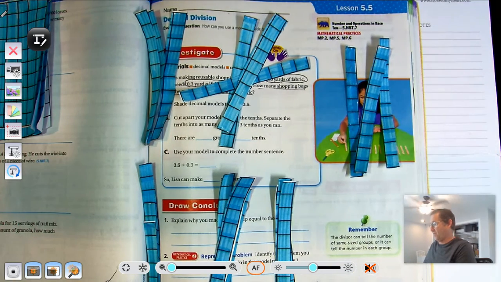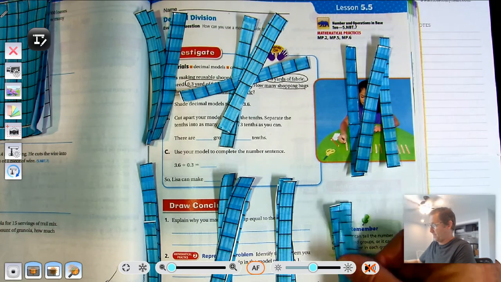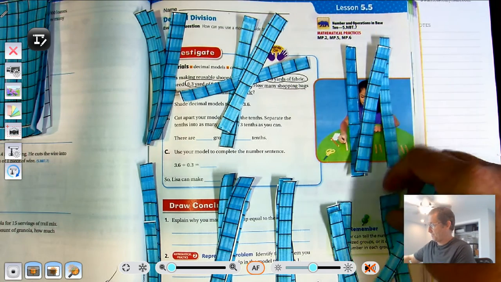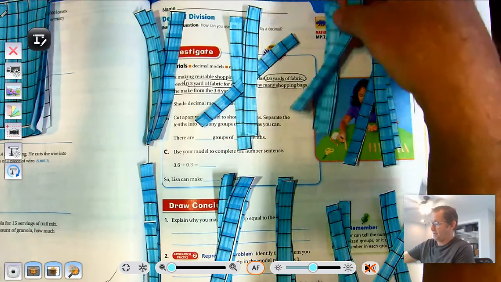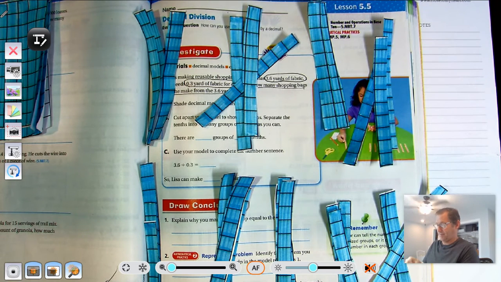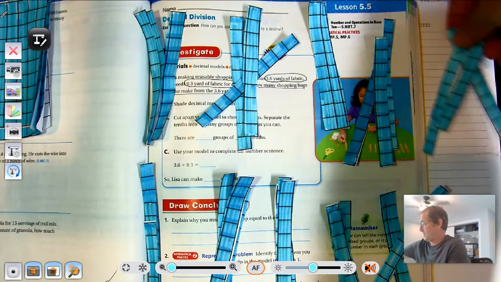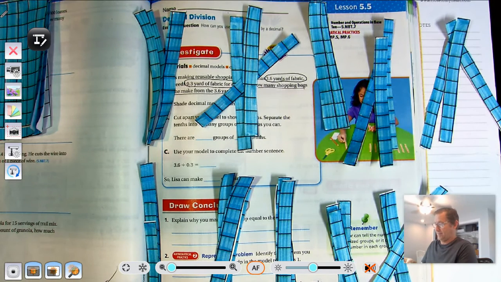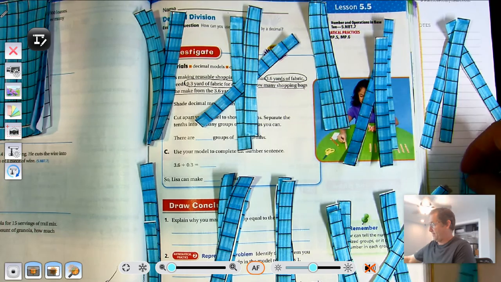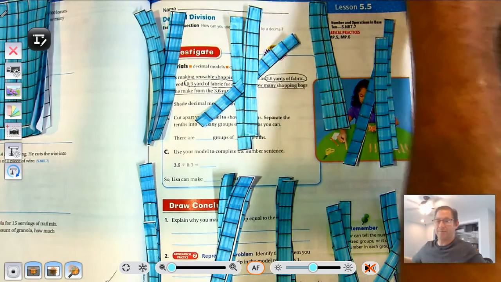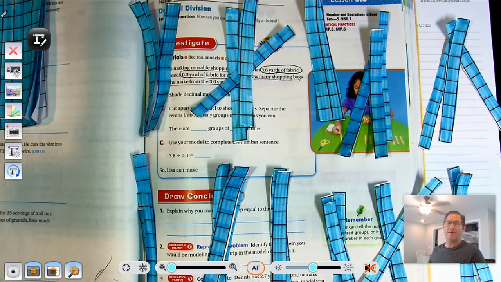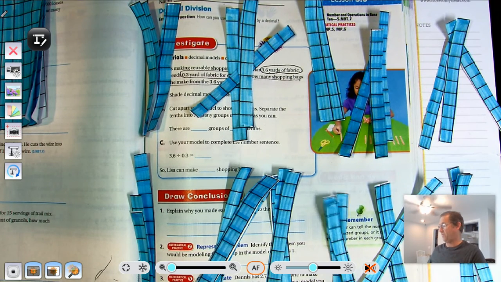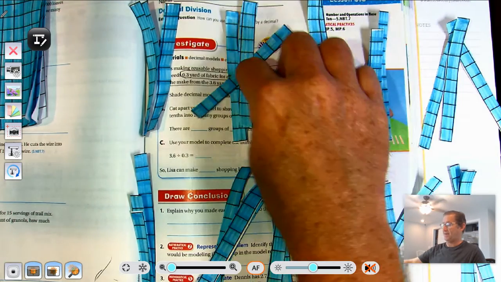So I'm at 6 so far. 7, 8, 9, 10, 11, 12. So I was able to make 12 groups of 3/10. 1, 2, 3, 4, 5, 6, 7, 8, 9, 10, 11, 12.